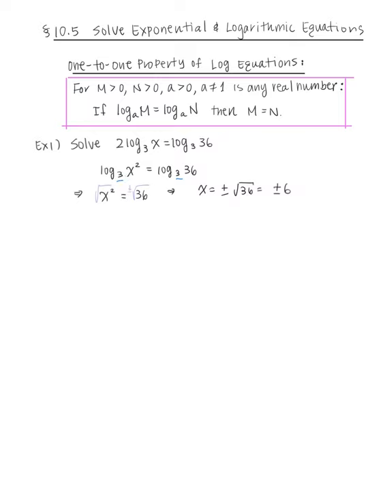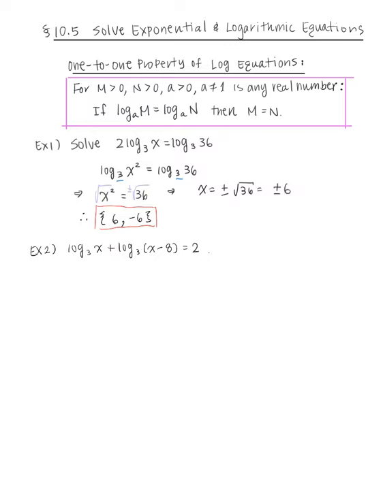In this case, if I plug in x equals negative 6, we're safe because negative 6 squared gives us a positive number. So we get to keep both positive 6 and negative 6. Therefore, our solution set is 6 and negative 6, and that's the answer.